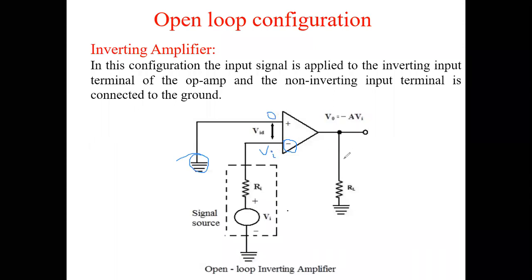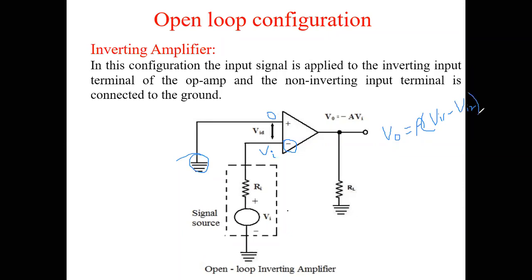But we know that the op amp amplifies the difference of the two input signals. So we have the output V naught equal to A into Vi1 minus Vi2.